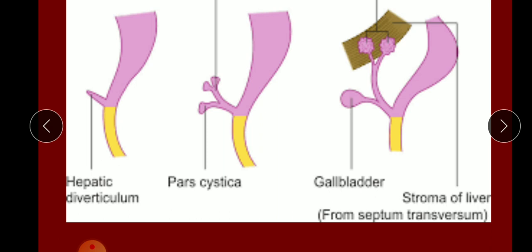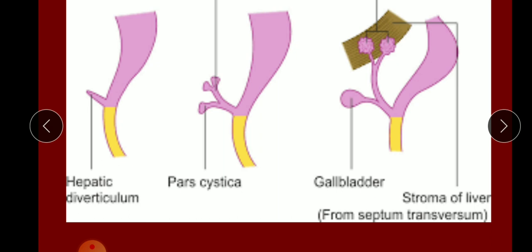As the pars hepatica proceeds through the mesentery to reach the septum transversum, within the septum transversum you find small vitelline veins and umbilical veins. They break and then realign to form the sinusoids of the liver. So the sinusoids of the liver are formed from the broken umbilical and vitelline veins present in the septum transversum.